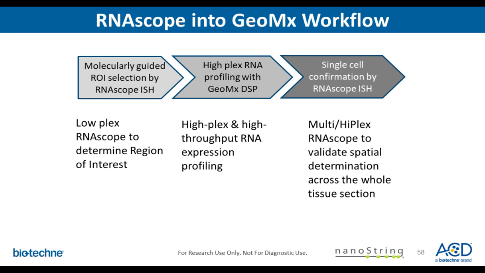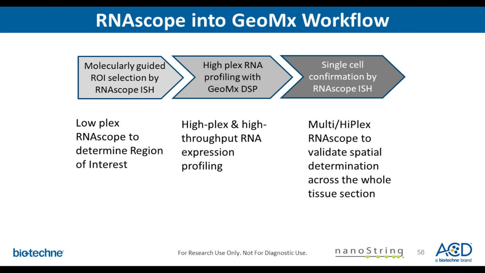Thank you, Chris. As Chris very nicely explained, RNAscope was used to initially identify the CD3-rich versus the CD19-rich regions in the lung cancer tissue, followed by which DSP analysis provided a very extensive gene expression profile for 78 targets in multiple ROIs.